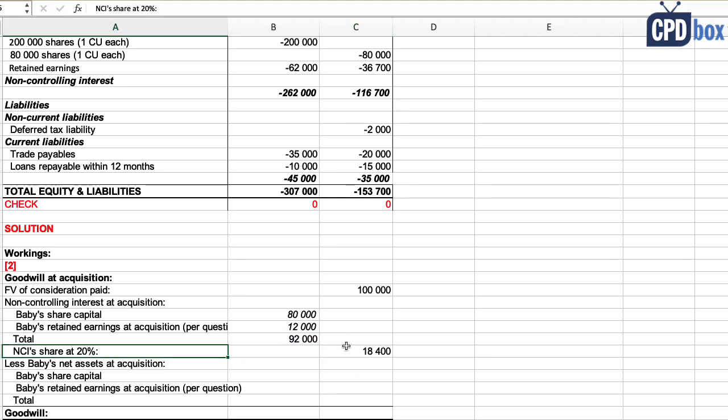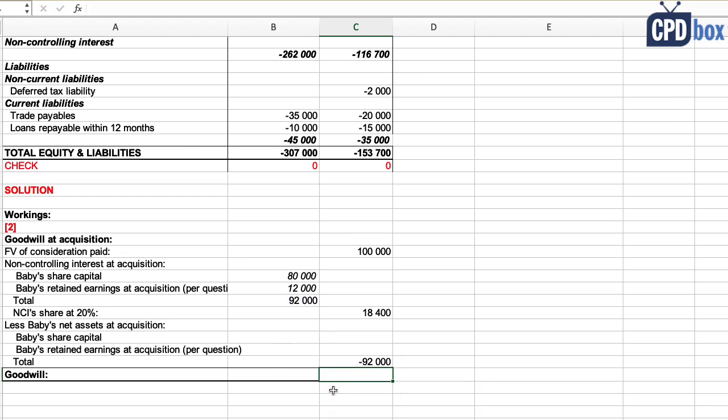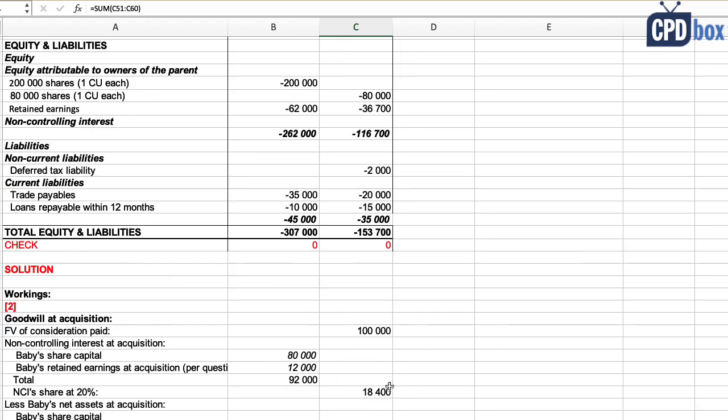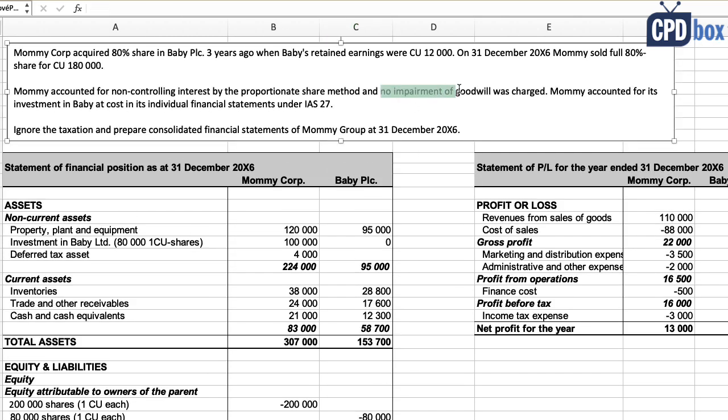And so 20% of that is 18,400. That was the second component. And we also need to deduct baby's net assets at acquisition, which we just calculated, minus 92,000. So the goodwill acquired in this business combination was 26,400. The question says that no impairment has been charged so far, and so we can use it in the calculation of the group's gain on disposal.